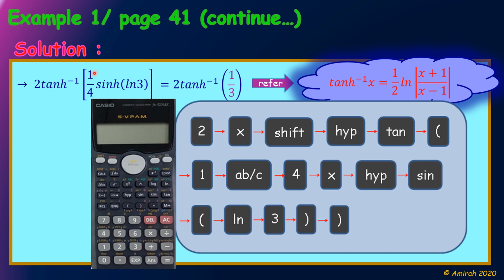Then open bracket, 1/4 using the AB over C button, and between 1/4 and sinh is multiplication, so we press multiply here. To press sinh, there is no sinh button, so you need to press hyperbolic, and then sinh. Then in bracket, you open bracket, and then ln, and then 3, and then close bracket 2 times. Got it?